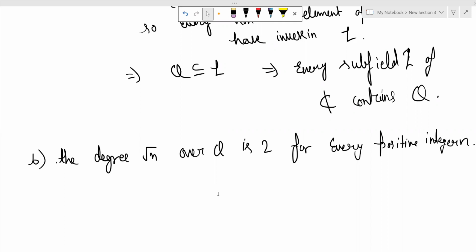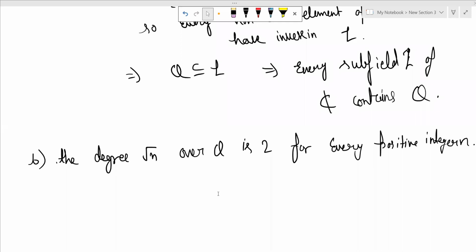If I take n equal to 2, he is saying for n equals 2 you are fine. This is degree 2, x squared minus 2. But he is saying for every positive integer n. So let's take positive integer 4. If you are saying some statement is true for all integers, then it should be true for every integer. But I am claiming that this is not true for integer 4. So take n equals 4. Square root 4 is 2.